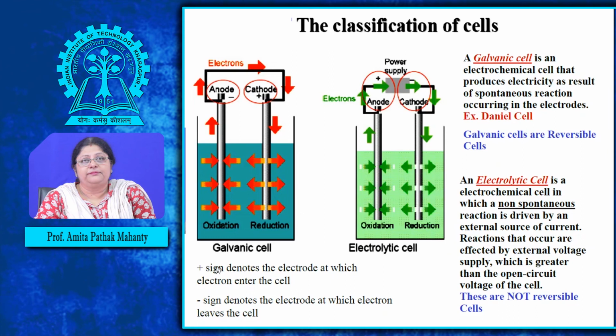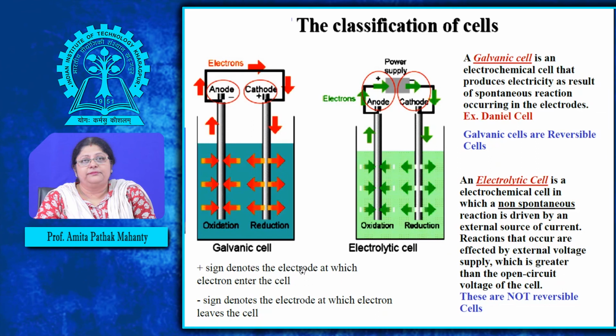And you remember this sign convention. If you remember it, it is very easy to not forget ever. Whenever you have a plus sign associated with any electrode, you always remember the plus sign is the place in which the electrons enter the cell, means from the electrode to the cell.